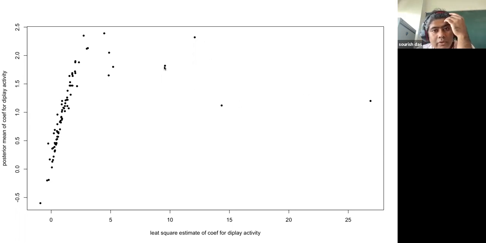So like 10, 15, 25 plus, clearly it does not make sense, because for this store, if I do a display activity here, 1 unit, if I just spend $1 in this activity in this particular store, it will give me 15, the volume will go up by 15 times.